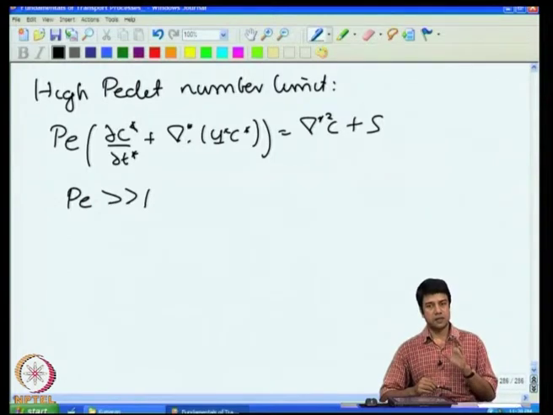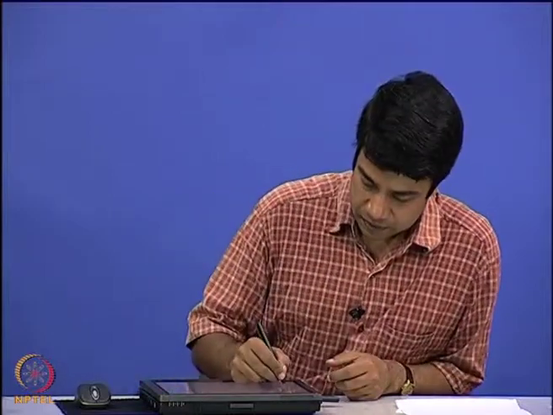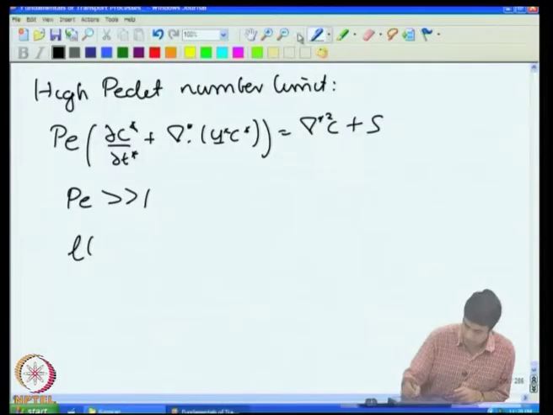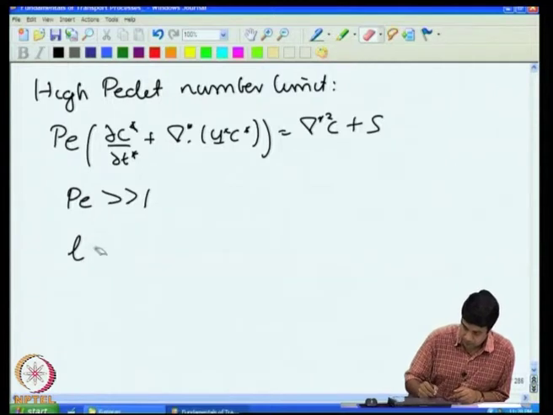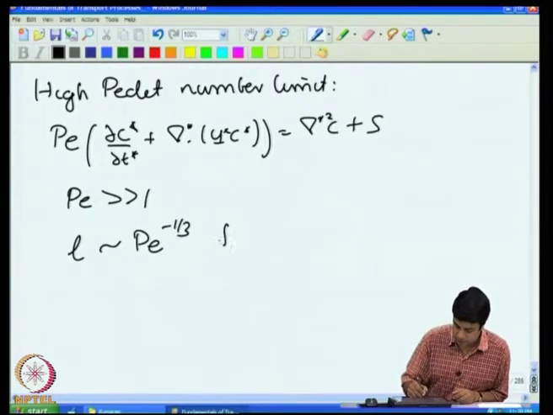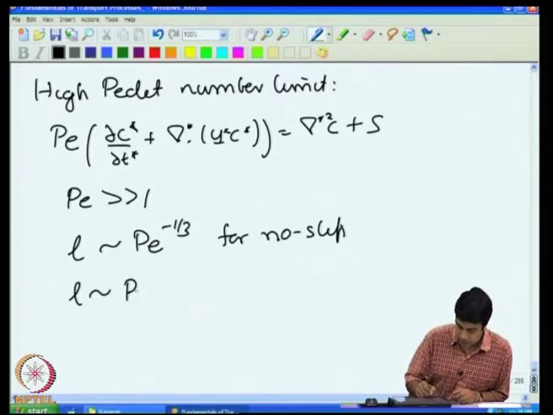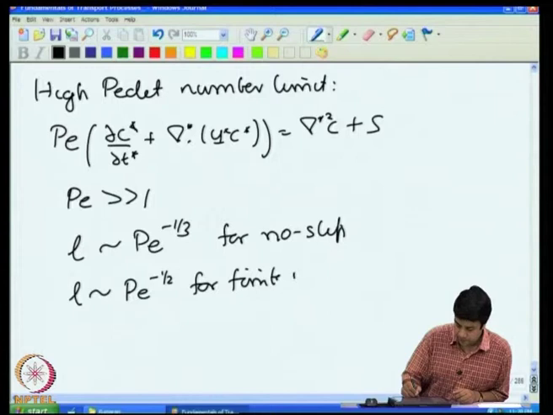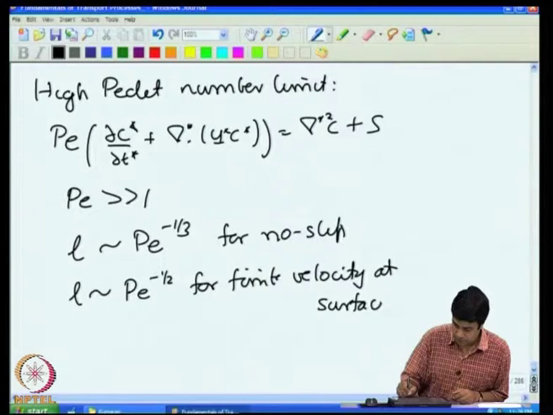For the case where we have a surface with a no slip condition, the smaller length scale goes as Peclet number to the minus 1 by 3 in the limit as Peclet number becomes large for no slip. And L goes as Pe power minus half for finite velocity.